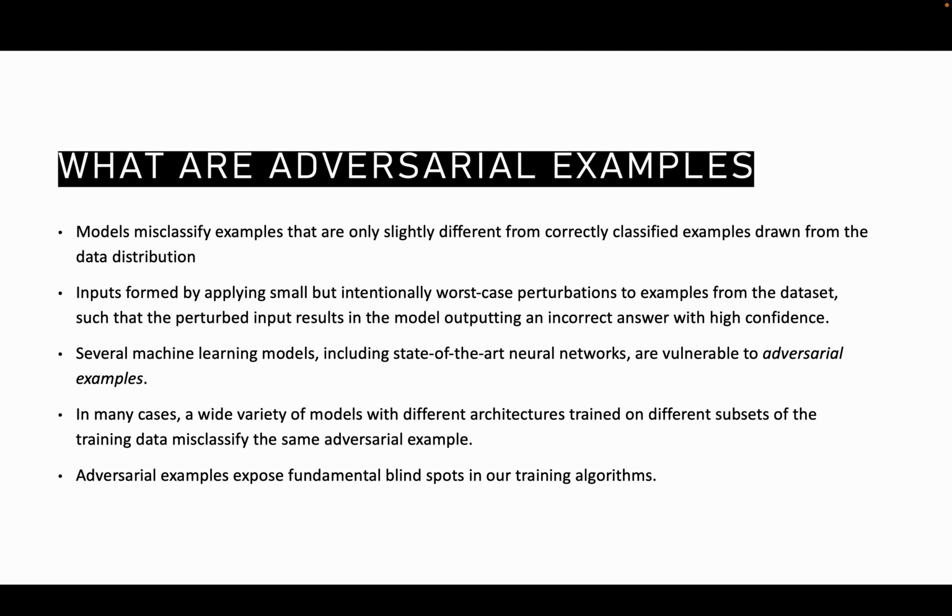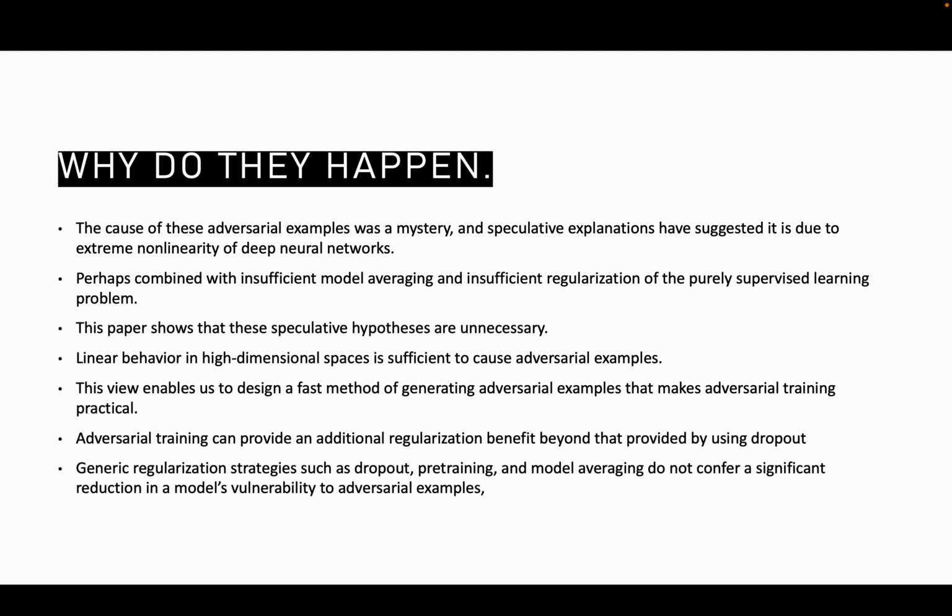Adversarial examples expose fundamental blind spots in our training algorithms. And why do they actually happen? The cause of adversarial examples was a mystery, and speculative explanations suggested it was because of the extreme non-linearity of deep neural networks, or perhaps insufficient model averaging, insufficient regularization, or a poorly supervised learning problem.